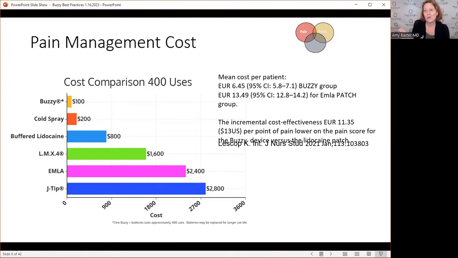So even though we have patients who have been using the same Buzzy for 12 years, just assuming that you only get one battery set's use out of it, this is what the cost comparison is. A recent study in France by Lescop et al. looked at the cost comparison between an EMLA patch and Buzzy and found that the incremental cost effectiveness of Buzzy was 11 euros, about $13 per point of pain lower. So this is much less expensive than anything else your hospital is using right now.